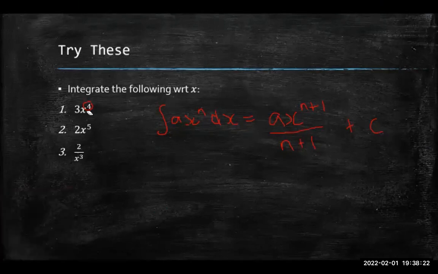So, how do we integrate 3x to the power 4? All you're doing is following the rule, okay? So this is indefinite integration, so you have to put your plus c.